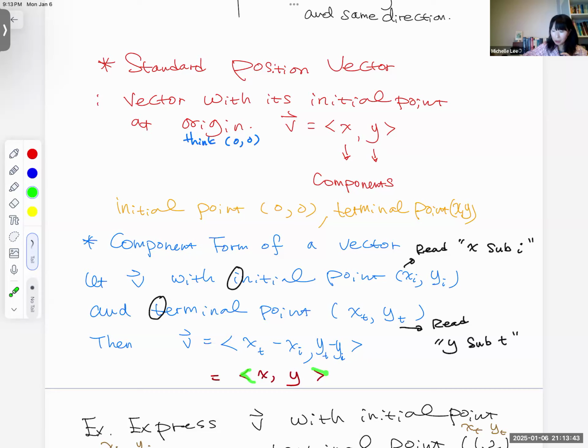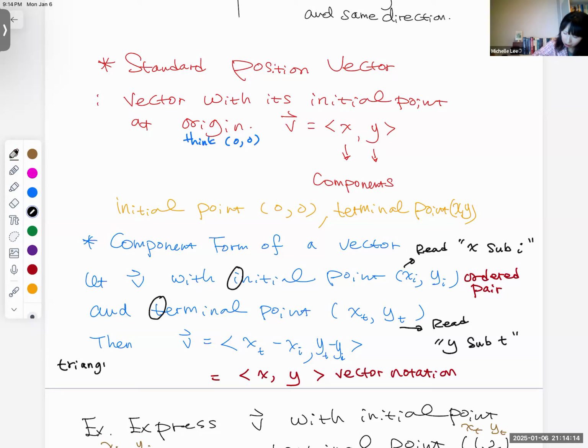So this is a vector notation. We have an ordered pair, this is an ordered pair, right? And this is a vector notation. So people call this a triangular bracket.